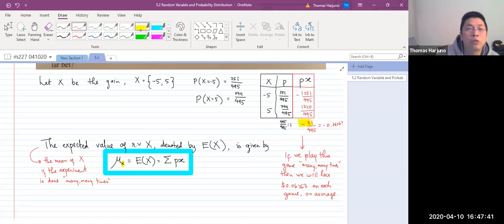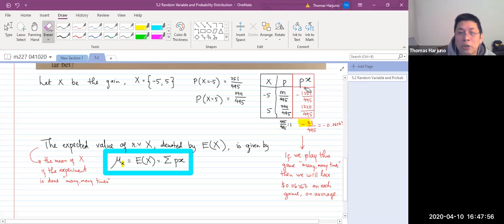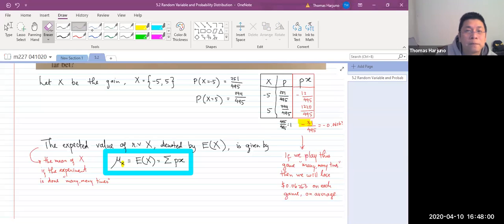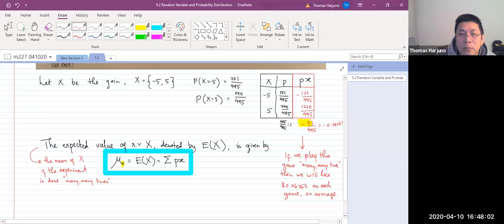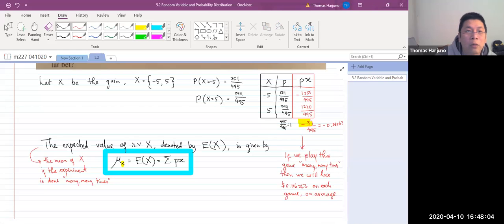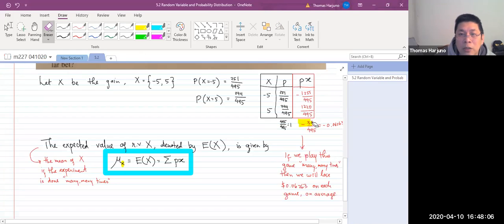Just to remind us, in the past, somebody sent me a message. Oh yeah, thank you. Thanks for the correction. It should be negative 1,255 here. So I need to make a correction here.